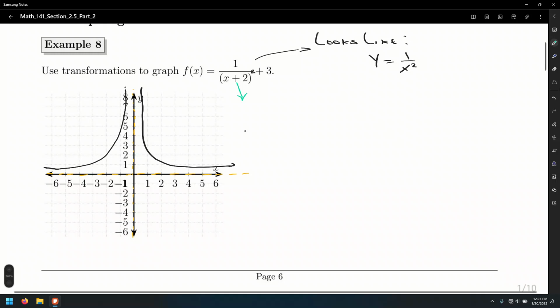So that's 2 units left. And what about this 3? What transformation would it be describing? 3 units in which direction? Up, right?